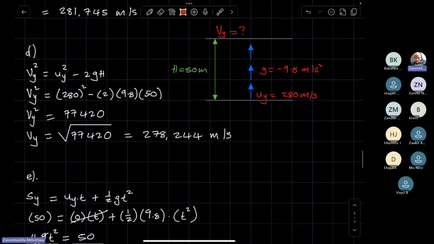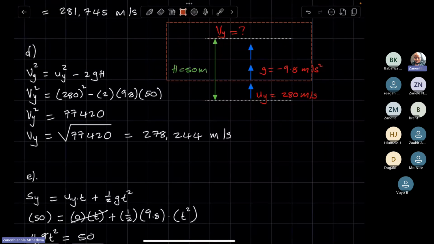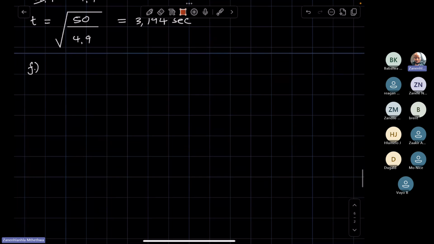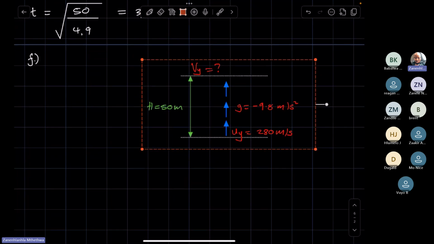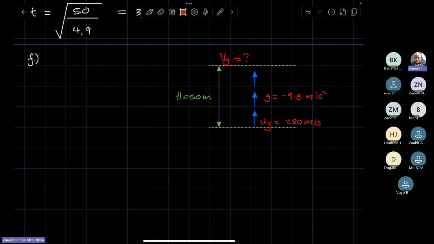So essentially we have this scenario. So this is the scenario, but this is now moving to the ground. So that's now moving in that direction.